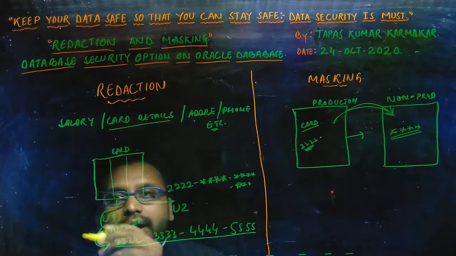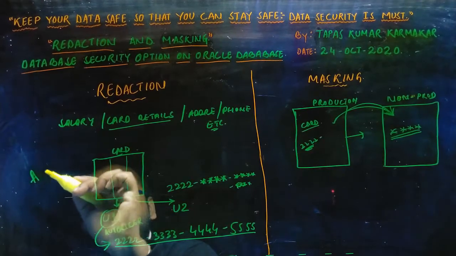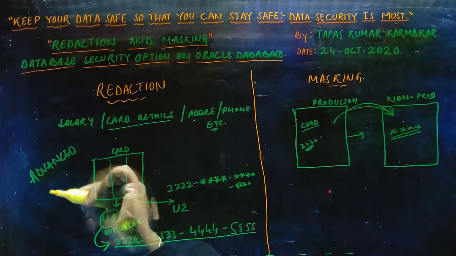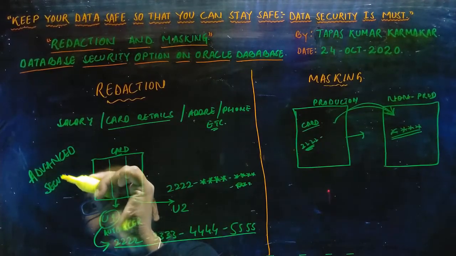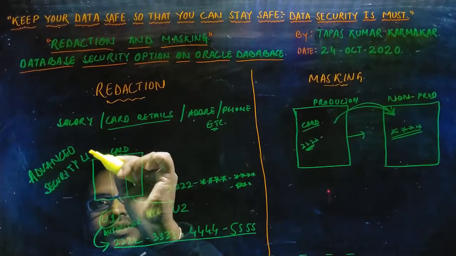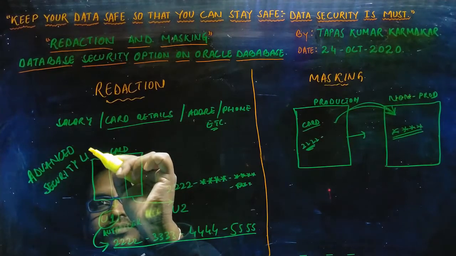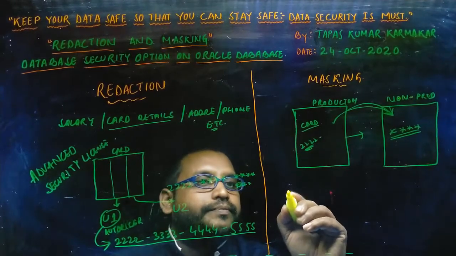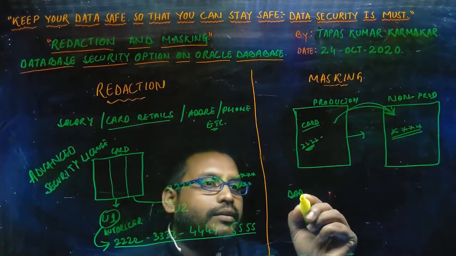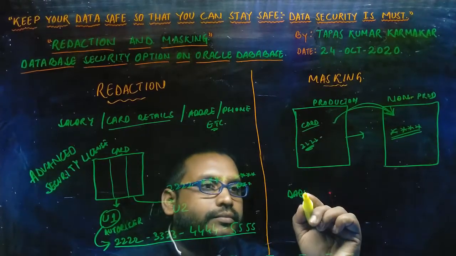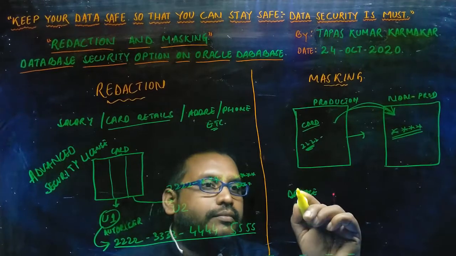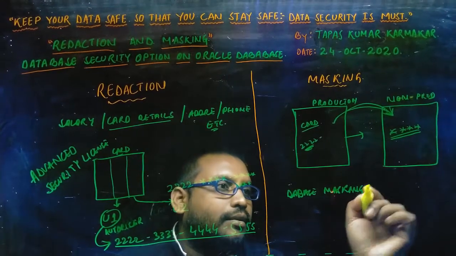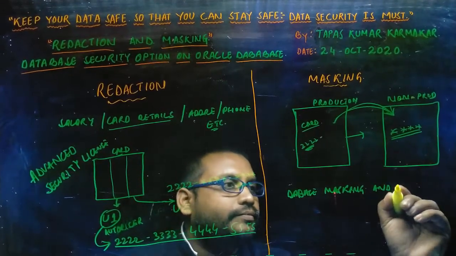For redaction, you require the Advanced Security license, and for masking you require Data Masking and Subsetting.